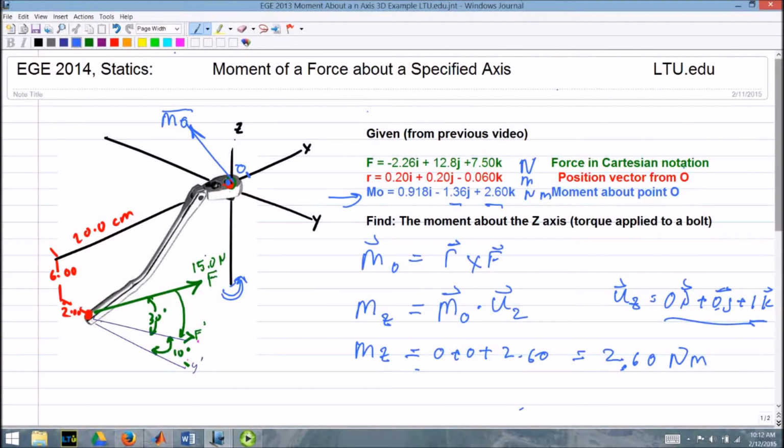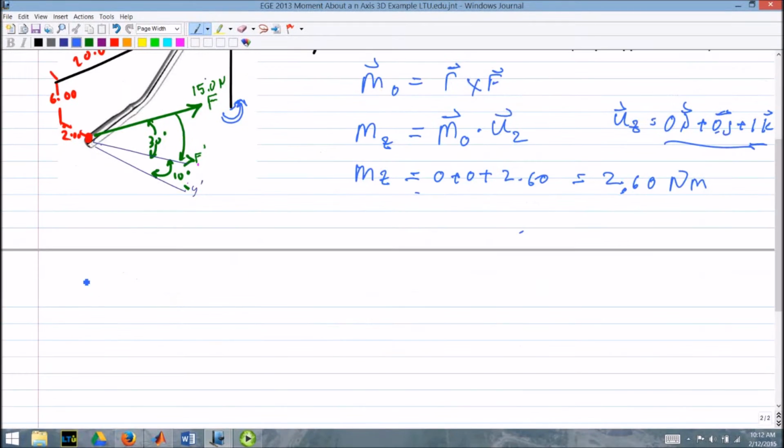Ideally, we could do this in one step. If we want our moment z equal to our unit vector in the z direction dot the moment about the origin, that is equal to u sub z dot r cross F, and these are all vectors.